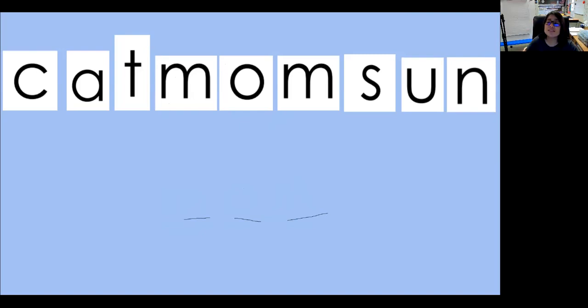The first sound. Sun. The letter C. So the letter C makes a k sound. How about this one? What letter is that one? S. S, right? Right here. This one makes the S sound. So we're going to write S, sun.